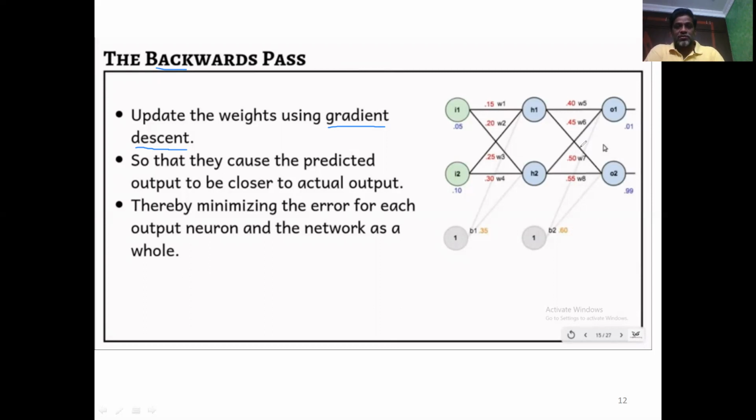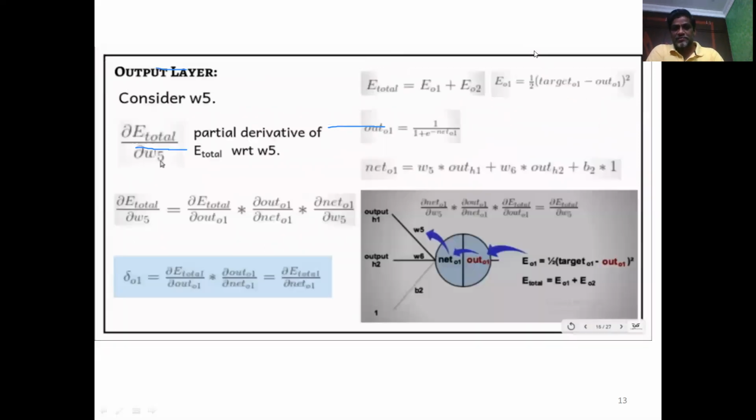The ultimate goal of using gradient descent is to quickly move towards error minimization. So see how gradient descent can be used now to quickly move towards minimizing the error terms.